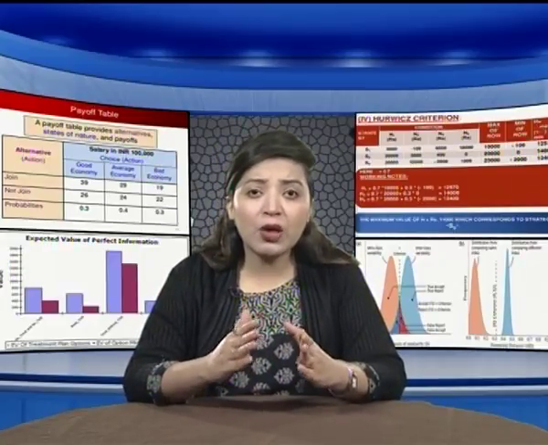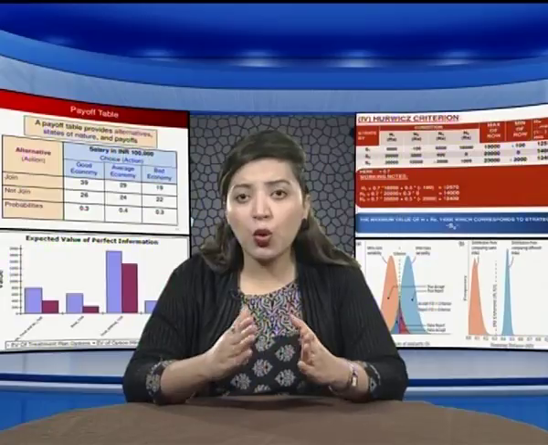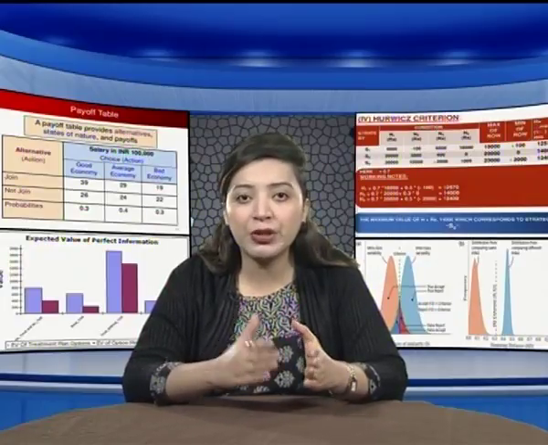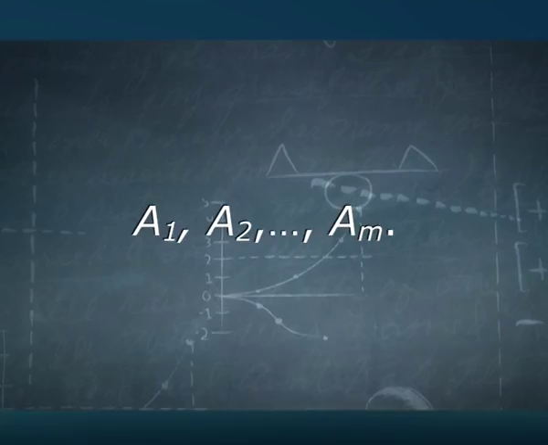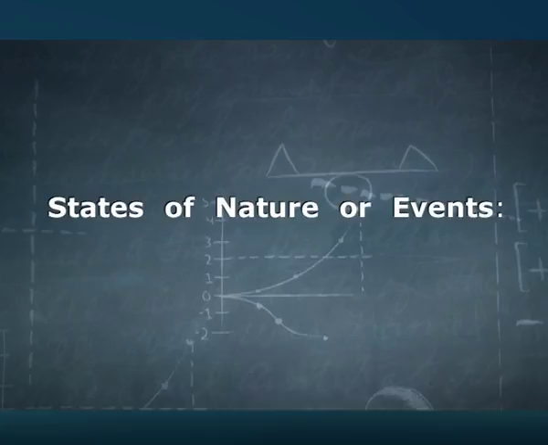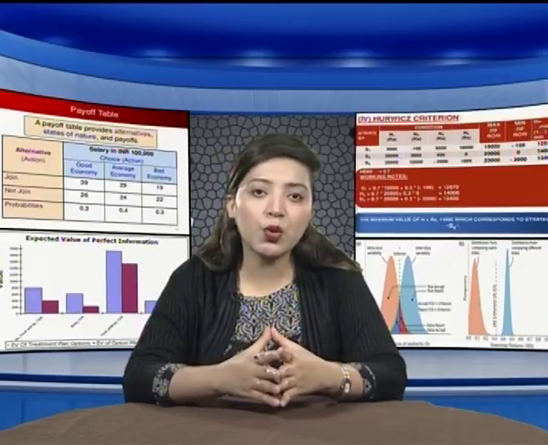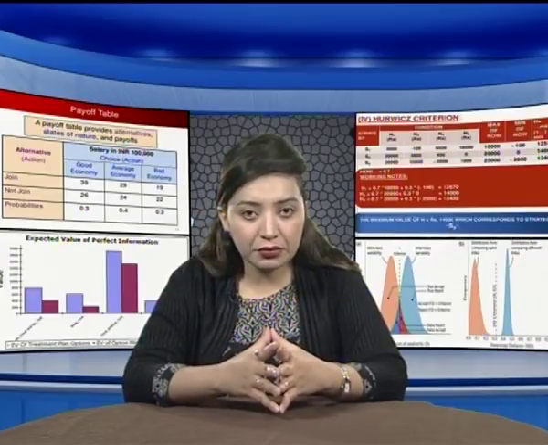The m possible courses of action available to a decision maker are usually denoted by A1, A2, and so on, Am. States of nature or events. The outcome of the decision maker's chosen course of action depends on certain chance factors that are beyond the control of the decision maker.